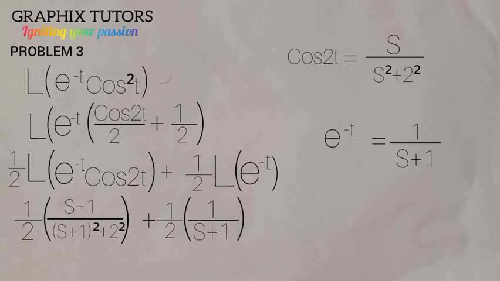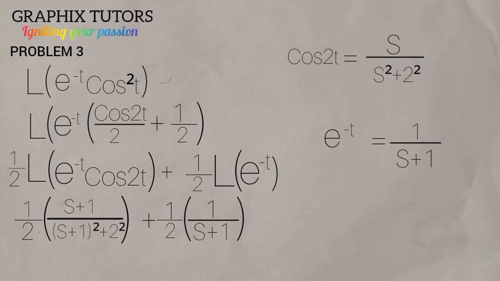So when I open the bracket, I'll be having 1 all over 2 into bracket s plus 1 all over s plus 1 all squared plus 2 squared, plus 1 all over 2 into bracket 1 all over s plus 1. You can leave it that way. So this will be my answer, right?